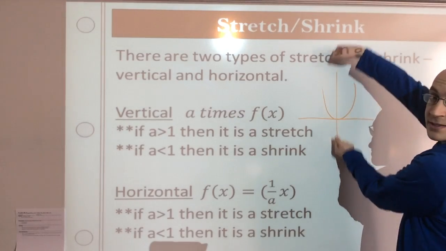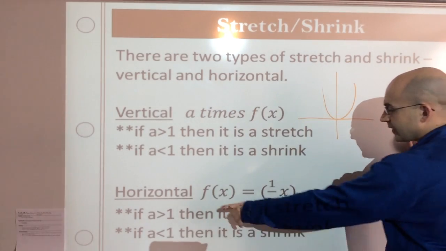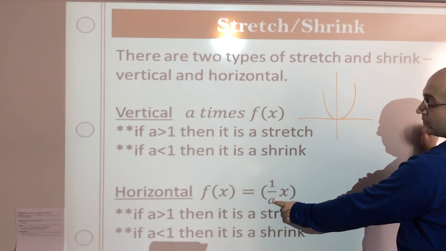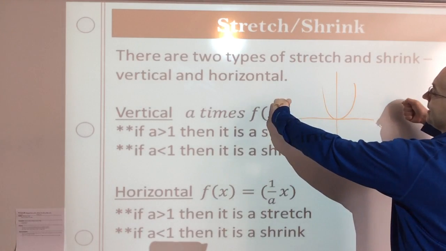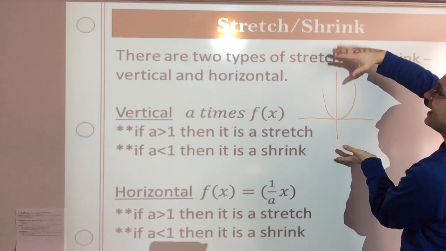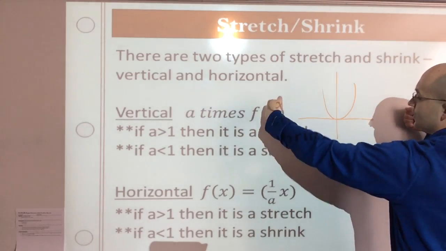Instead of going like this, like you're grabbing and pulling, you're going like this and pulling. So, if a is greater than 1, it's a stretch, which means, let's say this was 2, which is greater than 1. It's 1/2 x, which means it's going to get like this. I'm stretching it out. So it's going to get shorter but wider. Okay, horizontal stretch.